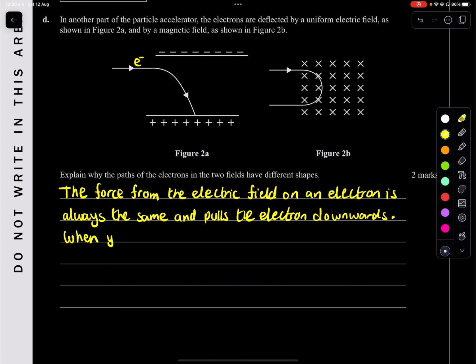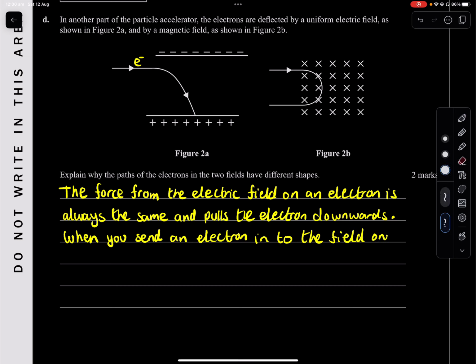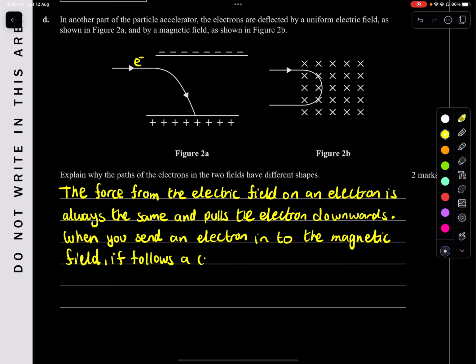So when you send an electron into the magnetic field, it follows a curved path that looks like a parabola.